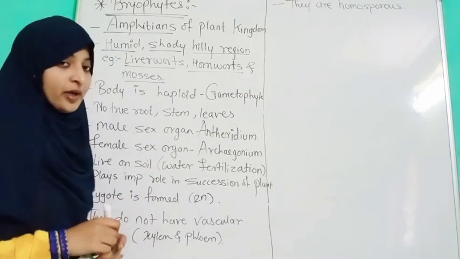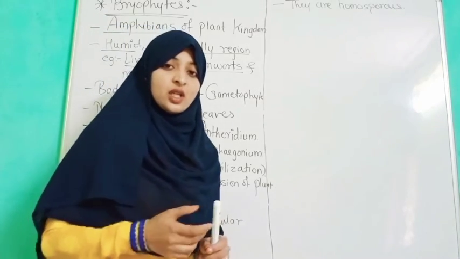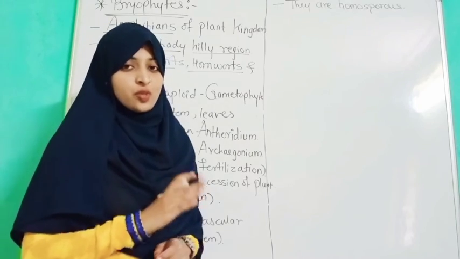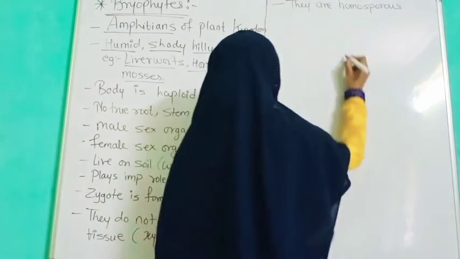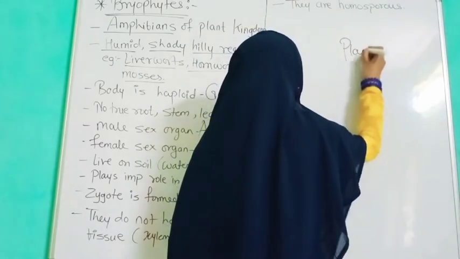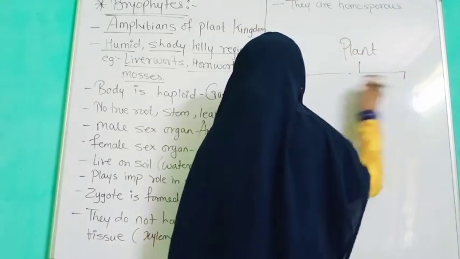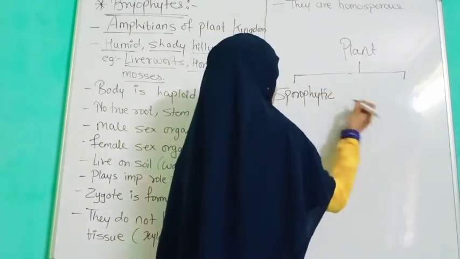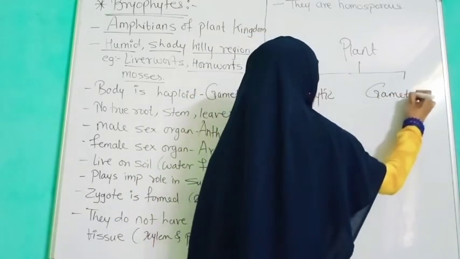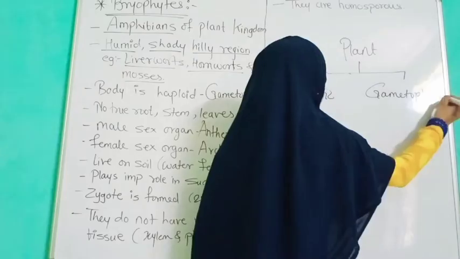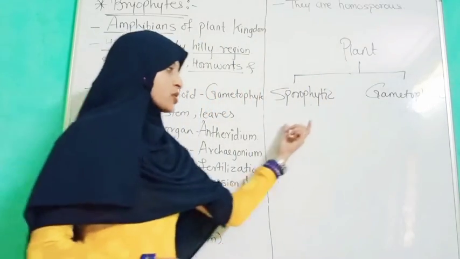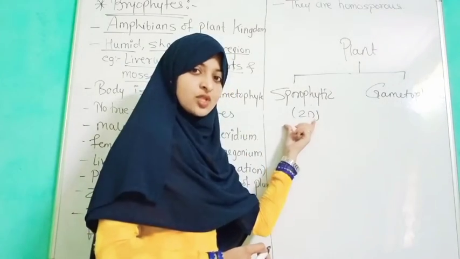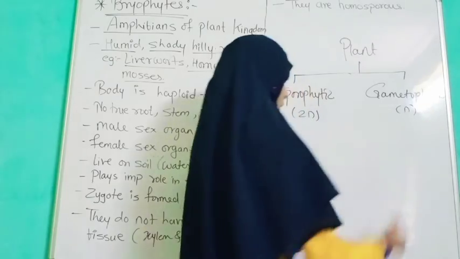The body is haploid gametophytic. As we know, the life of a plant is of two stages, sporophytic and gametophytic. The sporophytic life stage is diploid and produces spores. The gametophytic life stage is haploid.